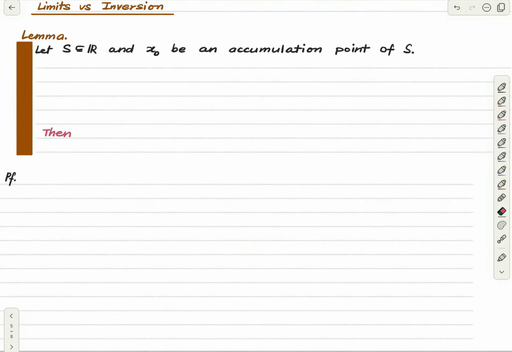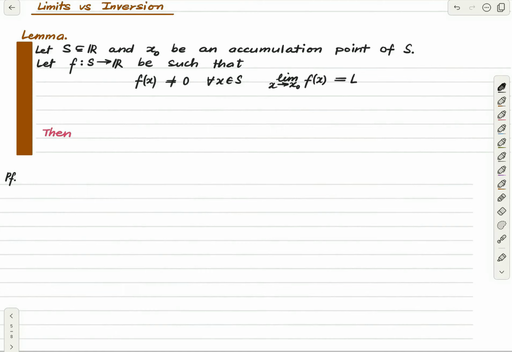Now, this time again, we have a set of reals and x naught is an accumulation point of it. And let f be a function such that the domain of f is S and f doesn't vanish anywhere. And it also achieves a limit as you approach the accumulation point, for some non-zero L. So it approaches a non-zero limit.